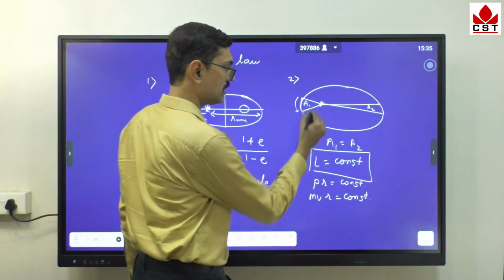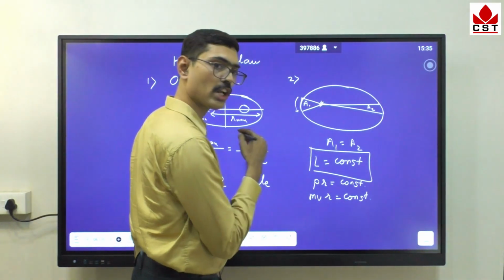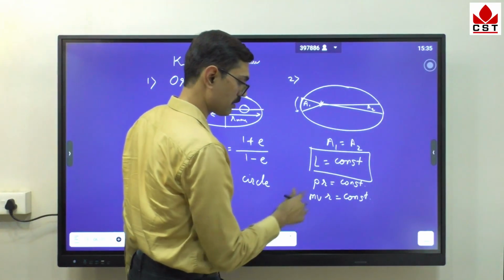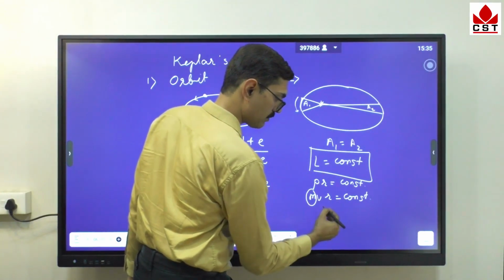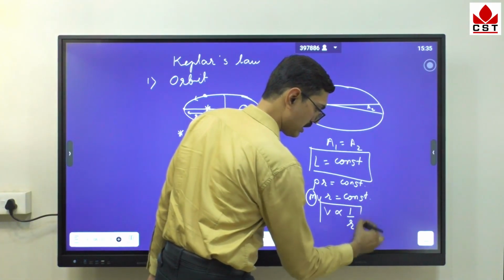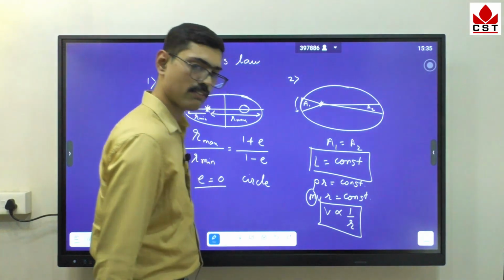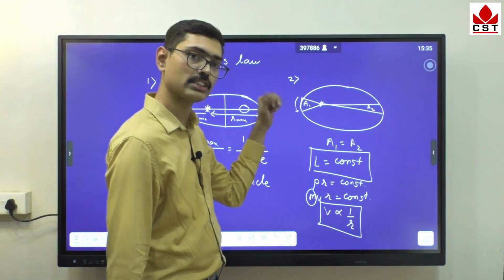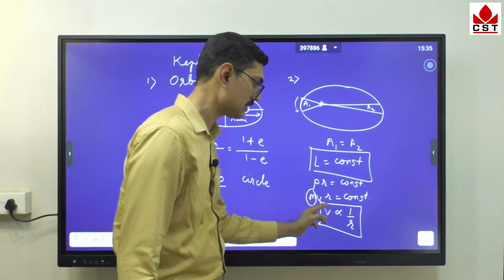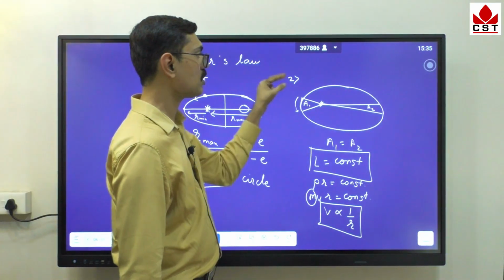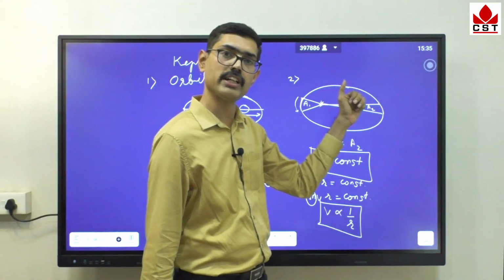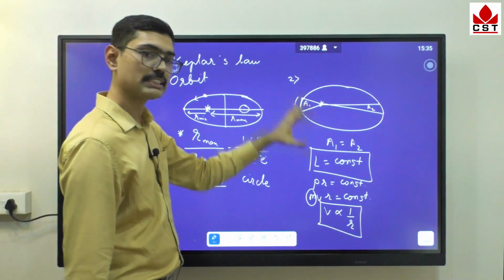When the distance is smaller, velocity is greater. When the distance is greater, velocity is smaller. Because mass is constant, v is inversely proportional to r. We have to use this in all numericals. This is all about the second law: equal area in equal intervals of time.